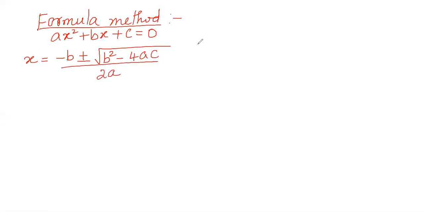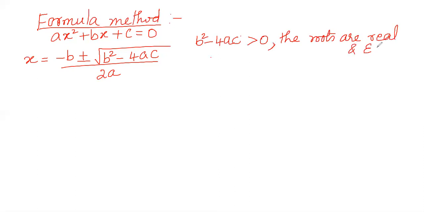There are three conditions here. If b squared minus 4ac is greater than 0, the roots are real and unequal. Real means it can be an integer, a fraction, a decimal, anything.